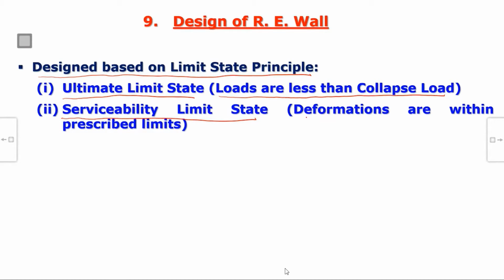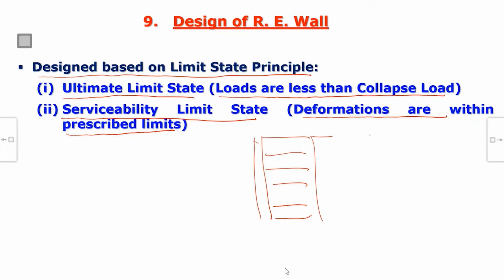Now, serviceability limit state means you have to check that deformations are within prescribed limits. And normally the deformation which you check, if this is your retaining wall, this is your reinforced section, is settlements. Depending on what type of soil this is, you calculate the total settlement, how much it will be.